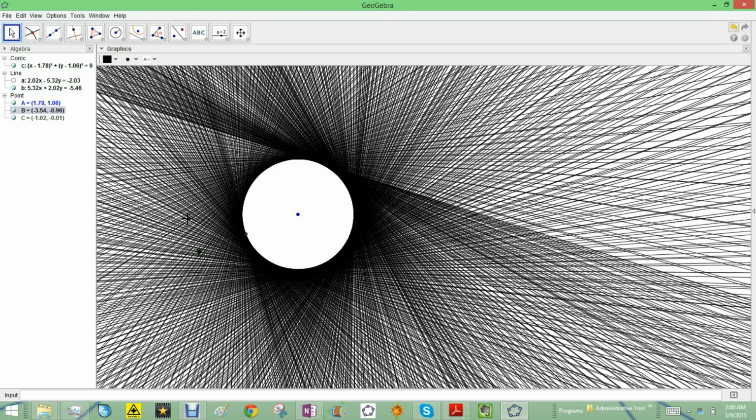And one can imagine similar things for the other kinds of conics, the ellipses and hyperbolas, etc.